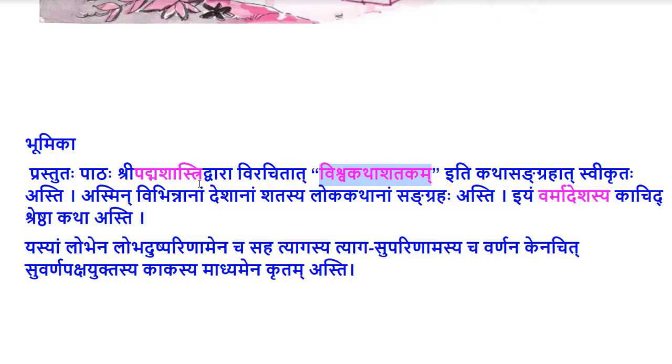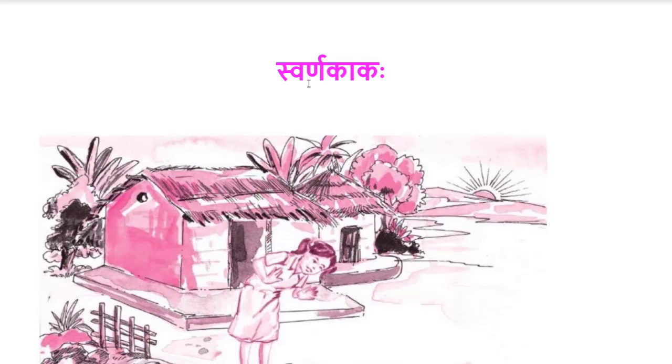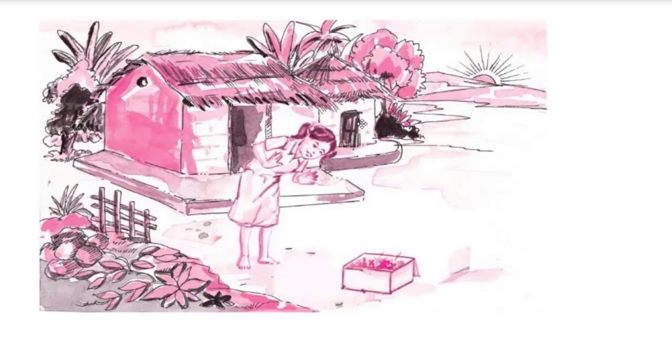So the book name is Vishwakatha Shatakam, not written by, but collected and compiled by Padma Shastri. Only 100 stories. From this book we took a story. Which story? Swarna Kakaha. The name of this chapter is Swarna Kakaha. You can see one girl like you standing in front of her house.